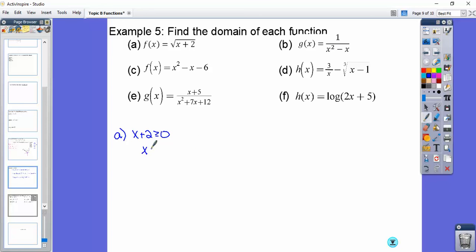So if we subtract that, r is greater than or equal to -2. I do want interval notation, so it would be bracket -2, comma, infinity.